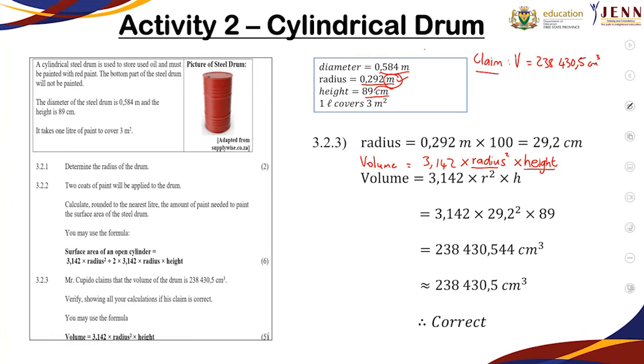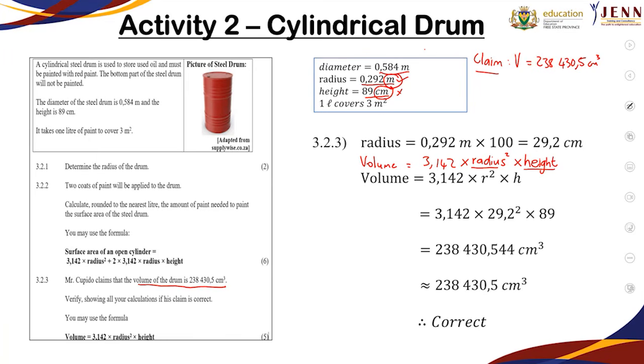So the radius is 0,292 meters. There we go. And the height is 89 centimeter. So there's a problem already. I cannot use my formula yet because my radius is in meters and my height is in centimeter. So I must convert one of them.